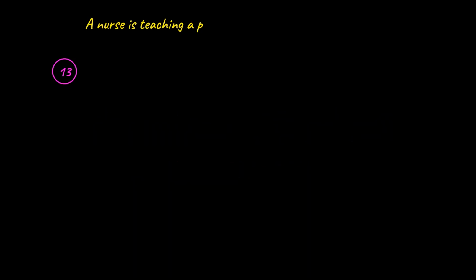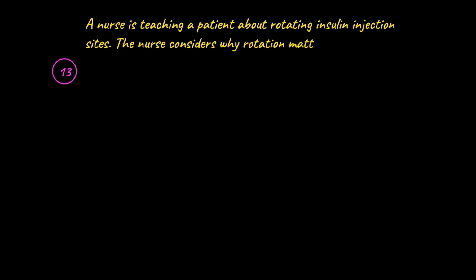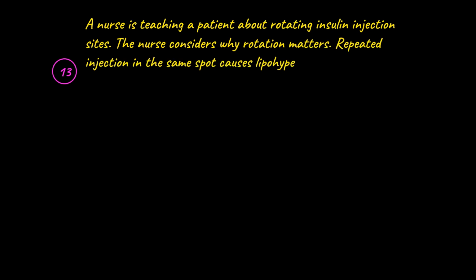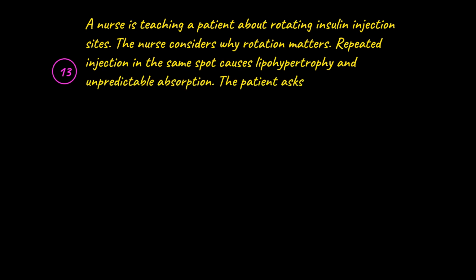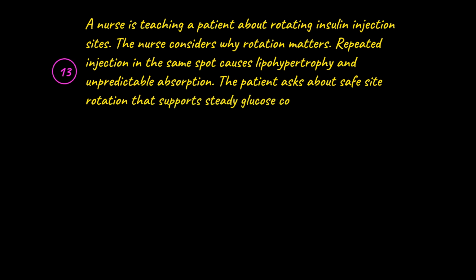Question 13. A nurse is teaching a patient about rotating insulin injection sites. The nurse considers why rotation matters. Repeated injection in the same spot causes lipohypertrophy and unpredictable absorption. The patient asks about safe site rotation that supports steady glucose control during daily insulin therapy at home over time.